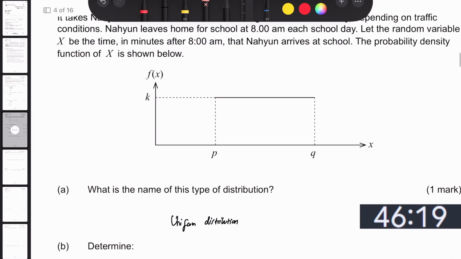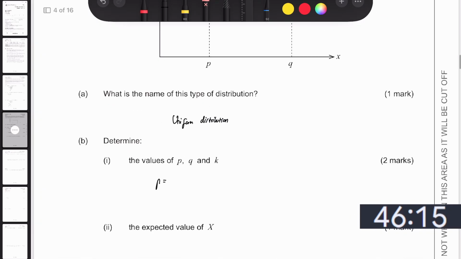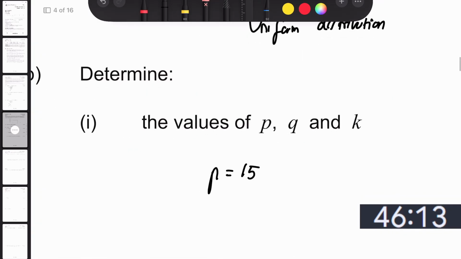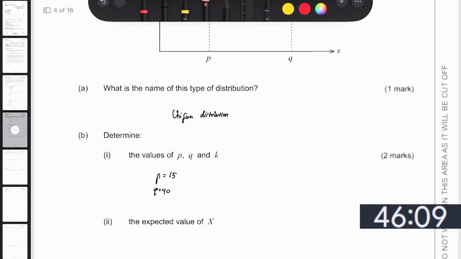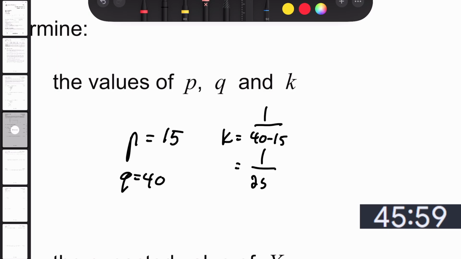Determine the values of p, q, and k, and X is the minutes after 8 a.m. that he arrives at school. So p is our lower bound, so p will be 15. q is equal to 40. And then k is going to be 1 on 40 minus 15, so it's going to be 1 on 25.